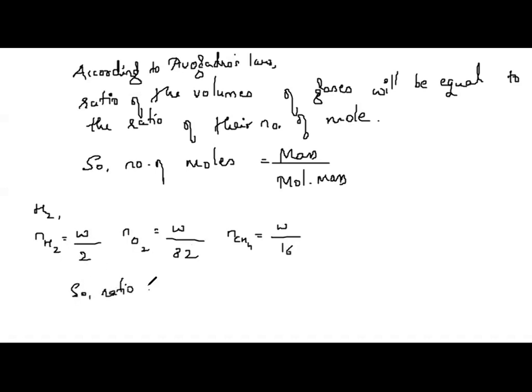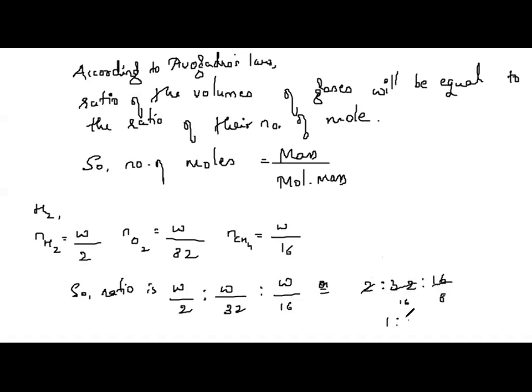Ratio will be W divided by 2 is to W divided by 32 is to W divided by 16. Or I can take the reciprocal of it: 2 is to 32 is to 16. 2 ones are 2, 2 16s are 32, 2 8s are 16.